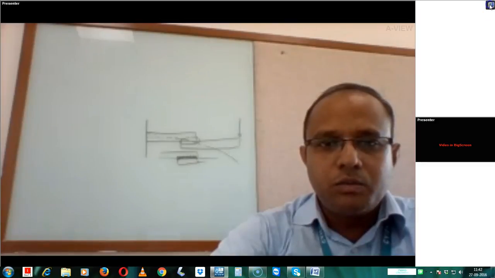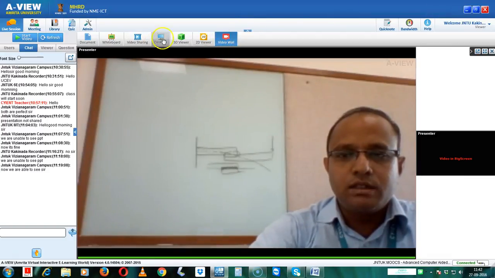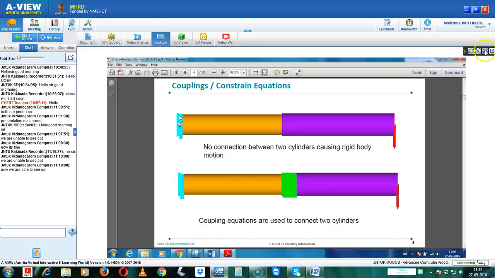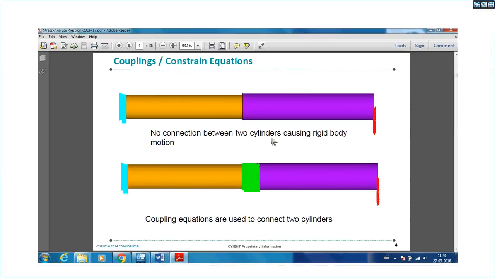When you try to solve this problem without any connections between these two things, you applied load, you applied constraints, and when you try to solve, you will get rigid body motion. The main reason is there are no constraints acting on it, because this component and this component are not tied together.